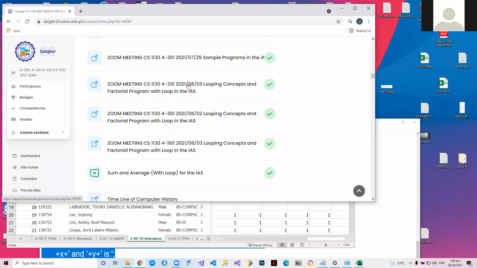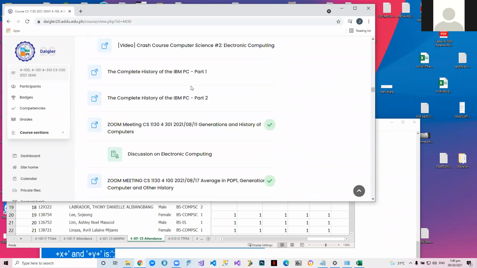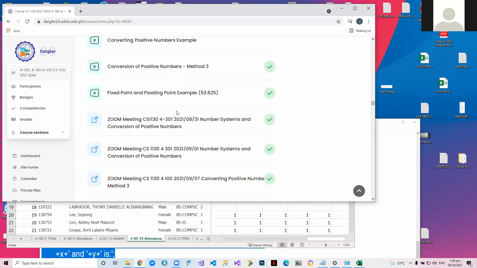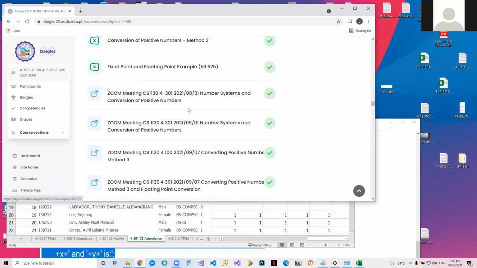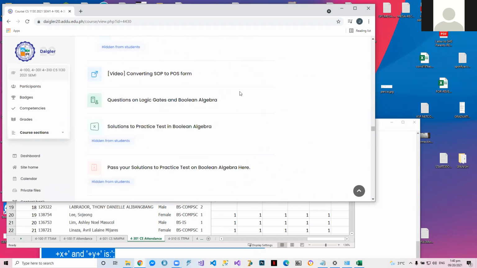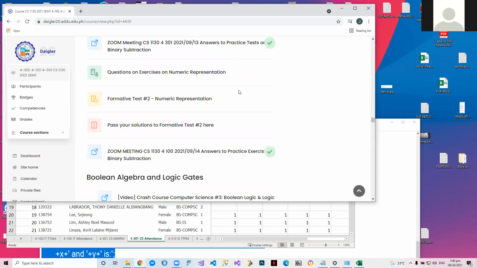We also have learned how to add and subtract numbers. In the next topic, we will learn how to use these Boolean arithmetic concepts to build hardware, to build simple computer hardware. The very basic.